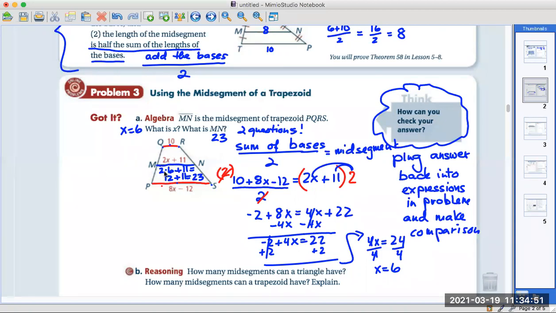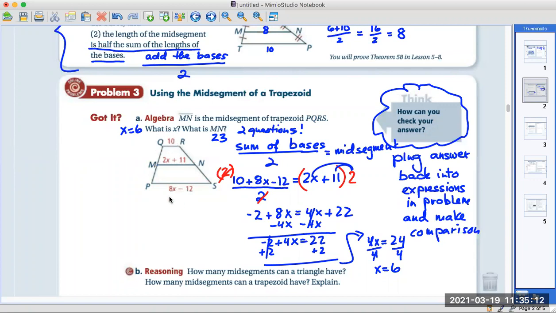Now, before I stop, I want to see if we can check our answer. Not that we really have to do that each time, but sometimes it's worth it. We want to get the relationship right. So x is 6.